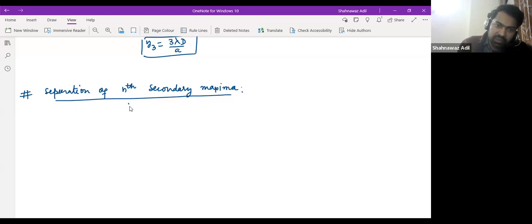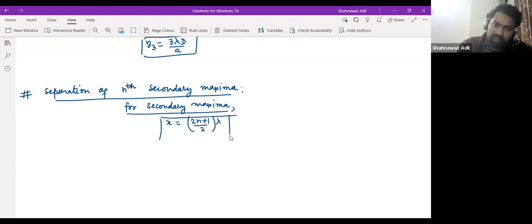For secondary maxima, we have the path difference, that is (2n plus 1) by 2 times lambda. This is the path difference. And you guys can ask why we don't have (2n minus 1) by 2. Here this n goes from 1, 2, 3, and so on.